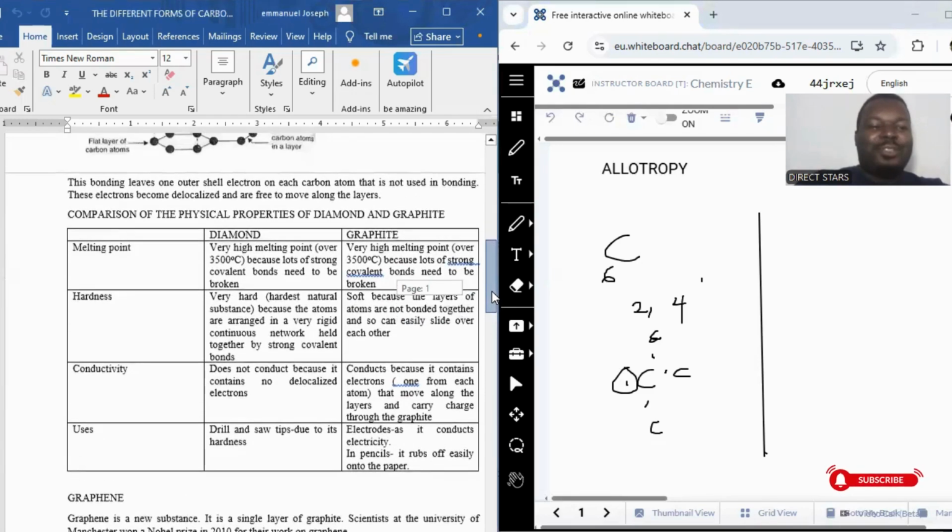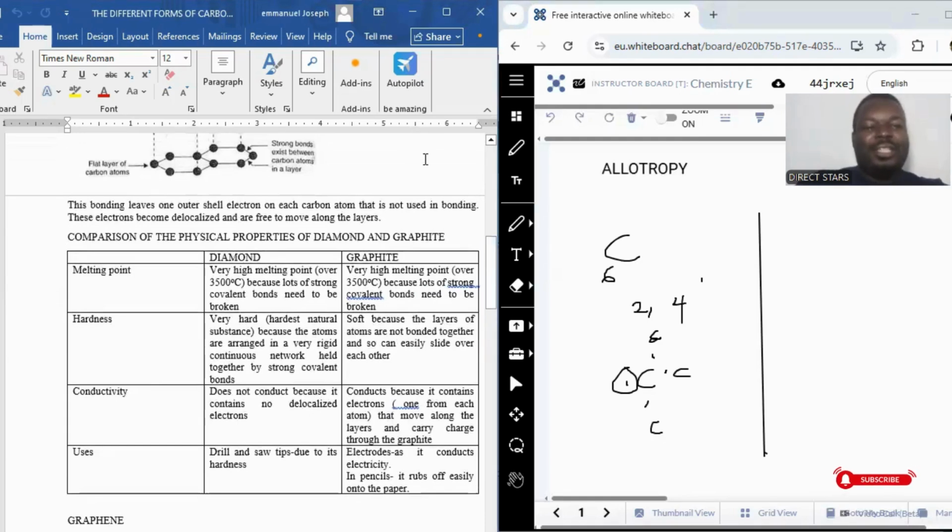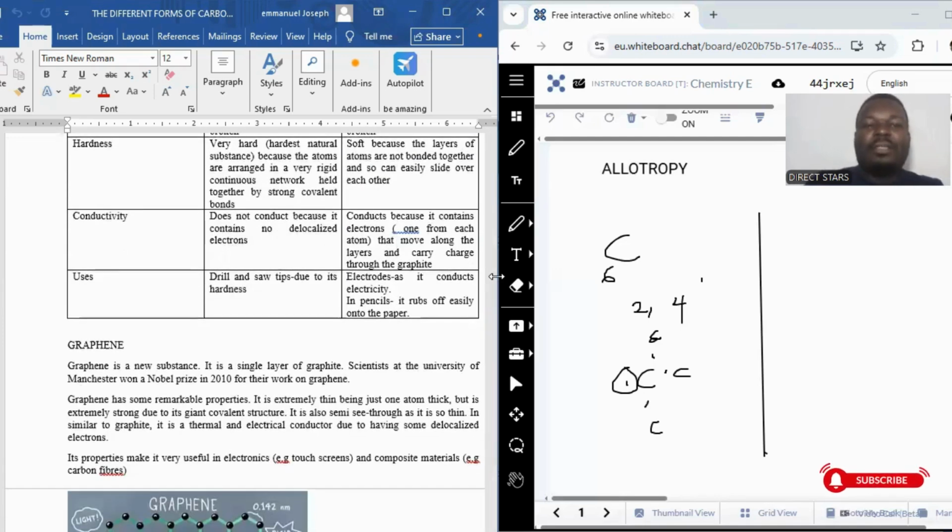Okay, so this is a good place to end the class. As you can see, the comparison of the physical properties of diamond and graphite is shown on the table. Of course, diamond is stronger based on what we've discussed so far. Diamond has a very high melting point of 3,500. Okay, graphite too, of course, due to the covalent bonds, also has a high melting point. The hardness, on the other hand, diamond is very hard, unlike graphite.